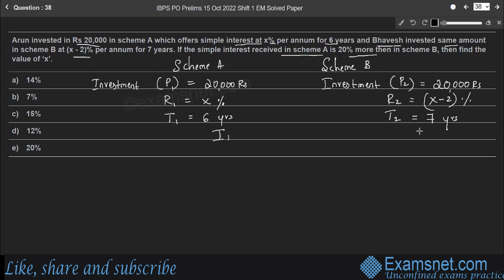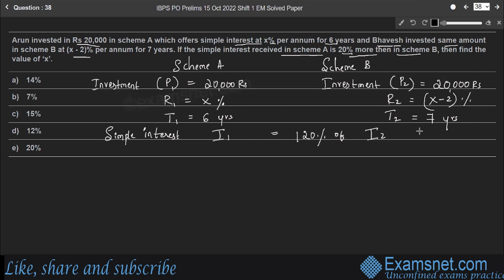the simple interest in scheme A, I1, is 20% more than in scheme B, that means 120% of I2.